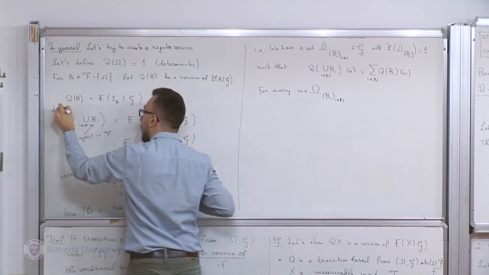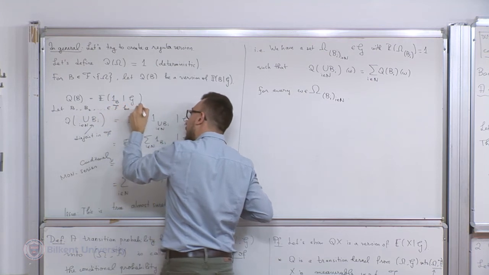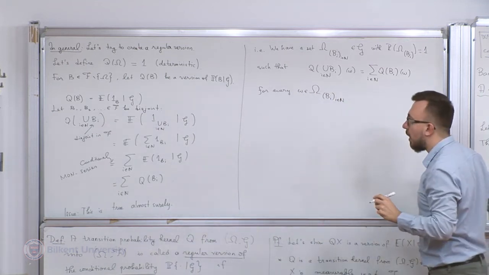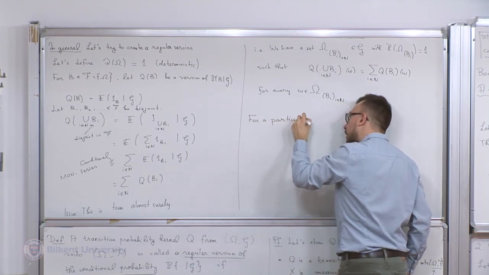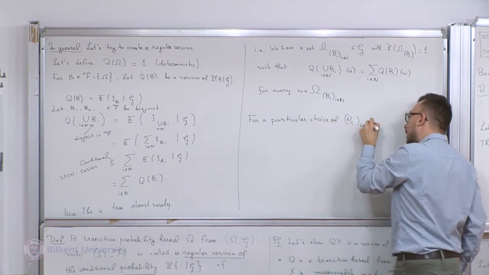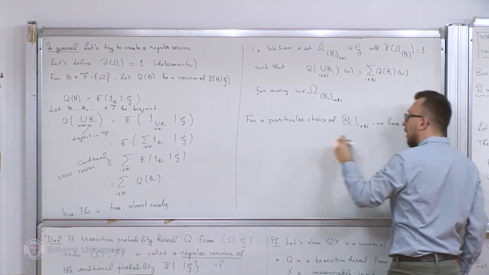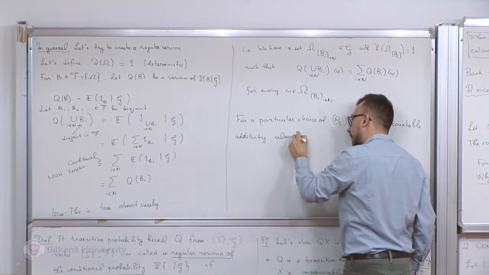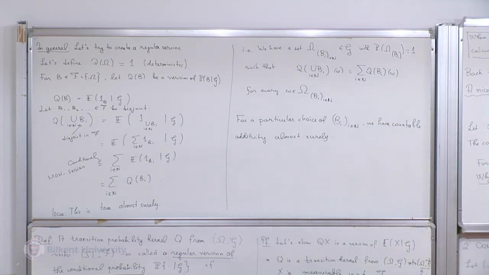Okay? So let B1, B2 in F be disjoint. In other words, for a particular choice of the sequence Bi, we have countable additivity almost surely. But what is countable additivity?